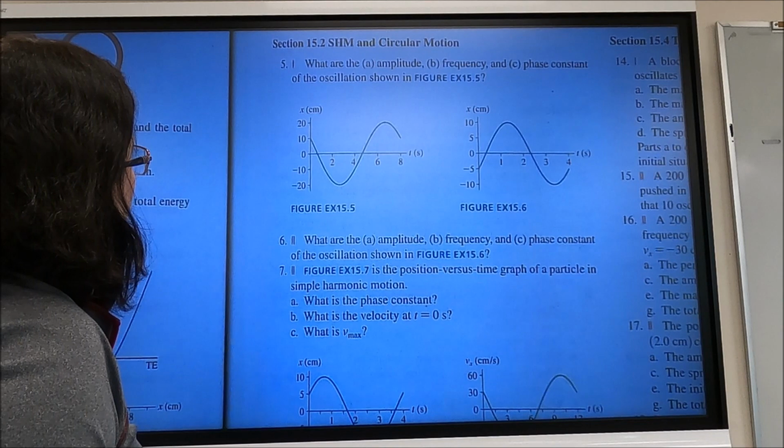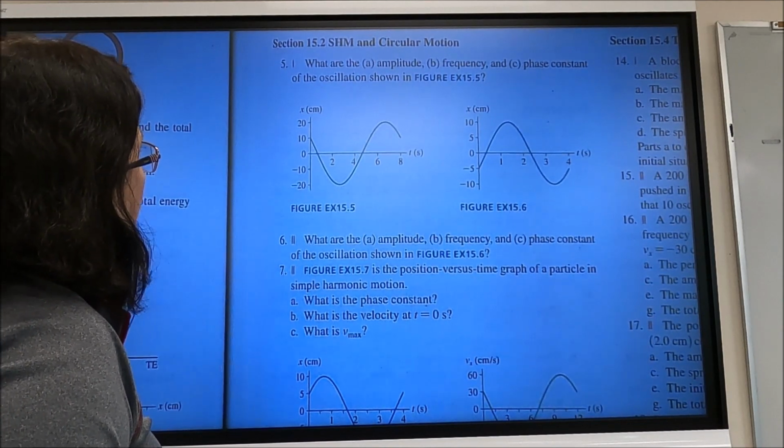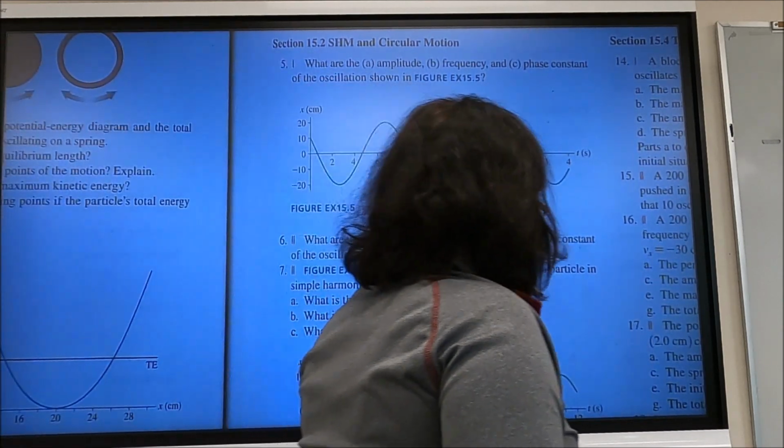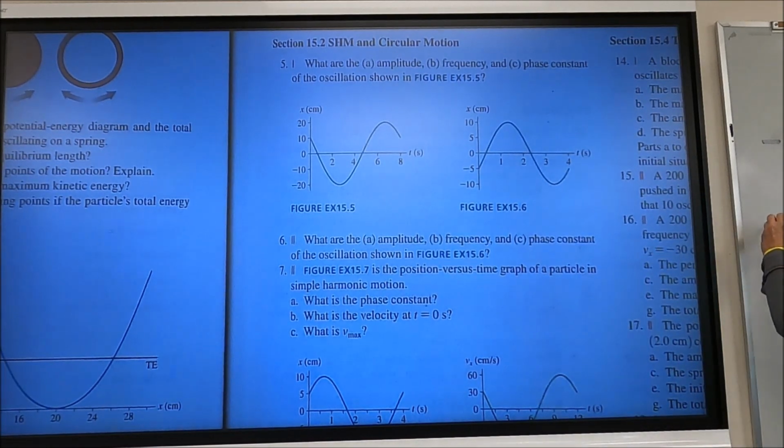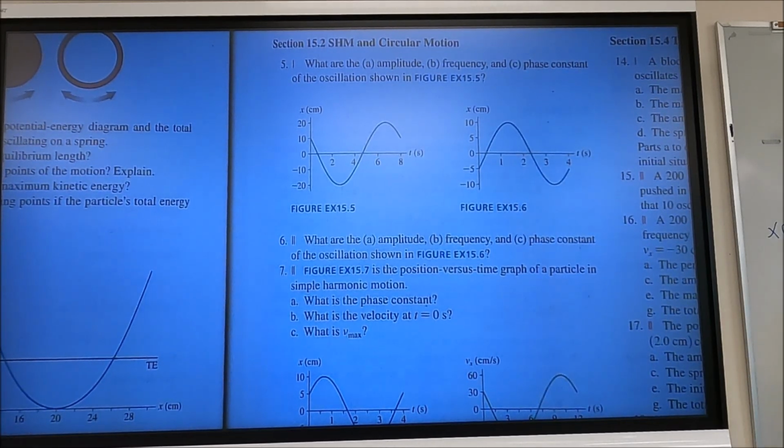Now, the last thing wants us to get the phase constant. To get the phase constant, I can use x at time t equals A sine omega t plus phi 0.